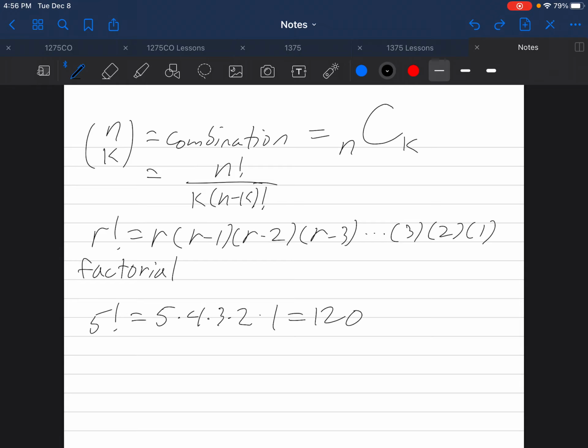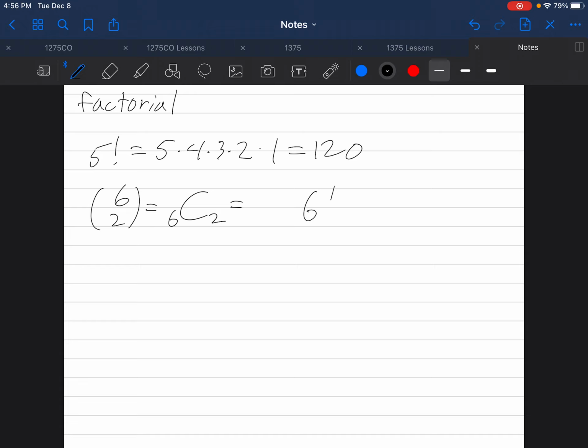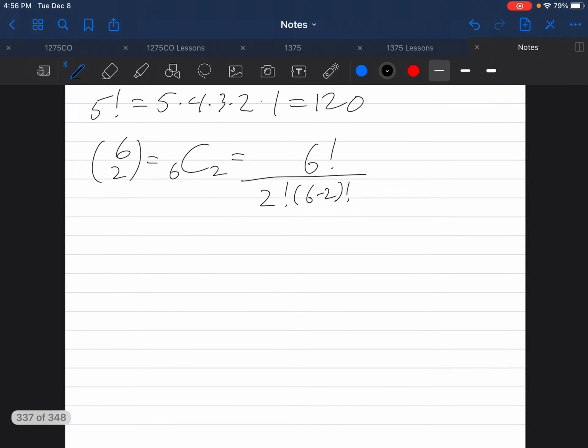So if we follow this formula for a factorial, let's say 6 choose 2 is going to equal 6 choose 2. Either notation is fine. This is going to be equal to 6 factorial divided by, following this formula here, k factorial, which is the number on bottom, factorial, and then 6 minus 2 factorial.